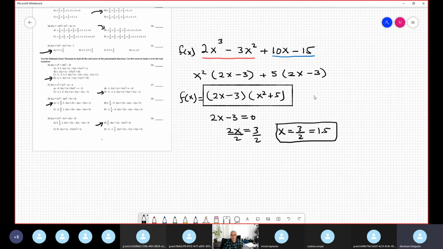The GCF in the first couple is x squared, factor out. And the GCF in the second couple was 5. Good.